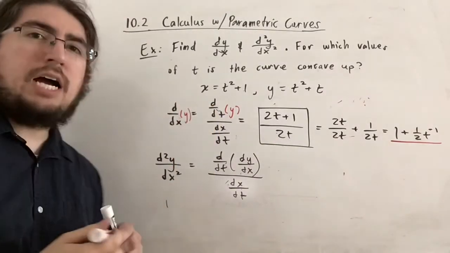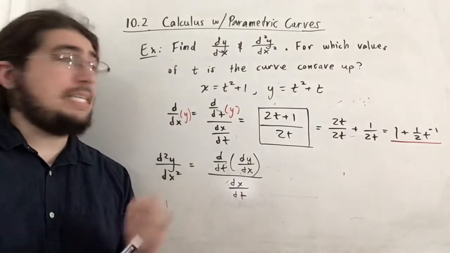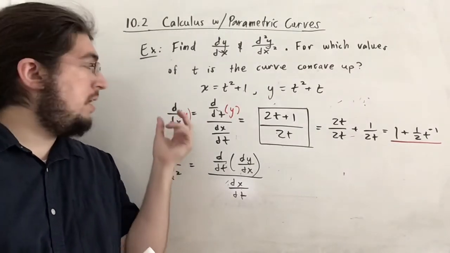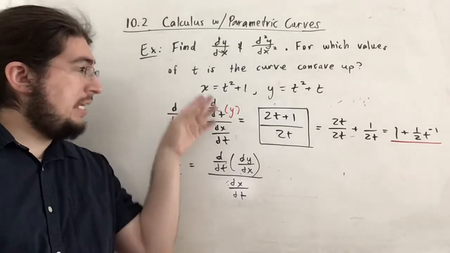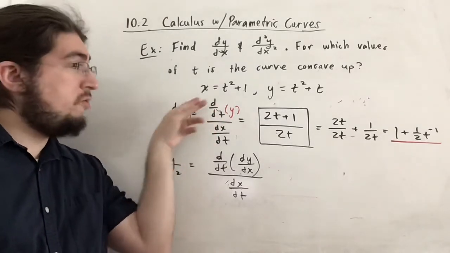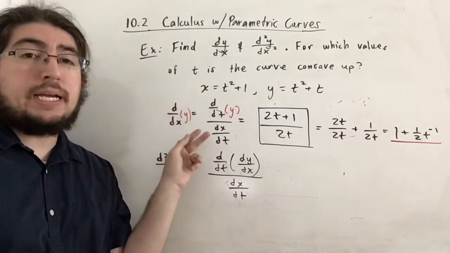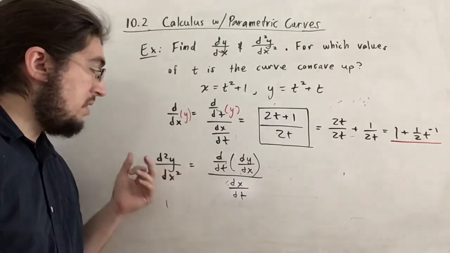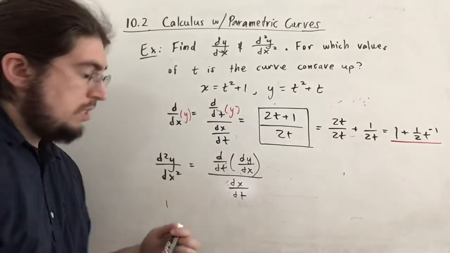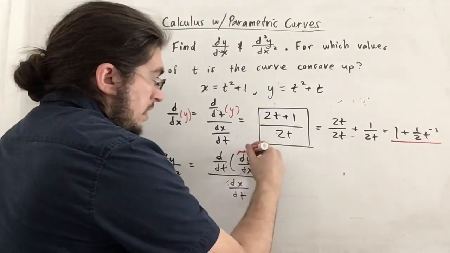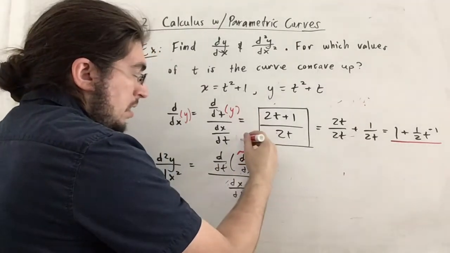So the question is, how do you find the derivative with respect to x of a function y of x? Well, you take d over dx of that. But d over dx is equivalent to doing d over dt of that function and then dividing by dx over dt. So if we want to find the derivative of the derivative dy over dx, notice here, this is in place of our y.